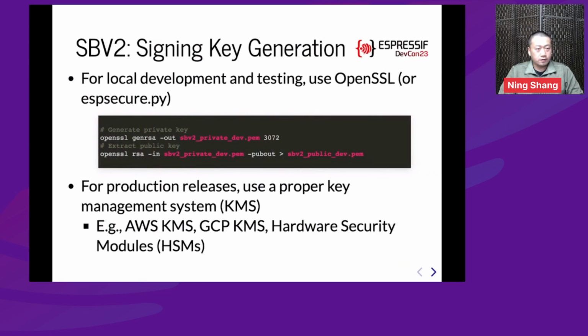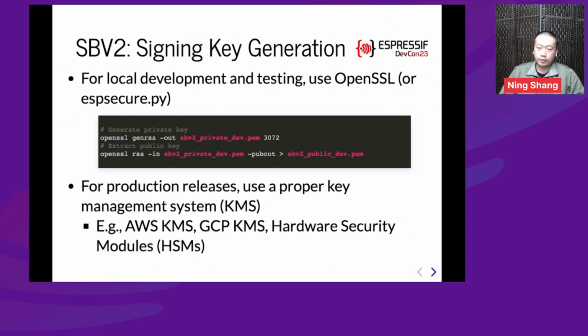Now let's talk about the signing key generation for Secure Boot v2 enablement. For local development and testing, we can use OpenSSL or the ESP-IDF tool, the espsecure.py tool, to generate a key pair.